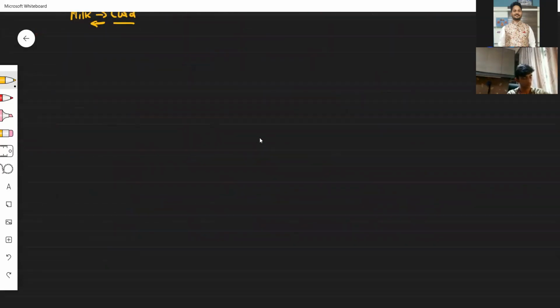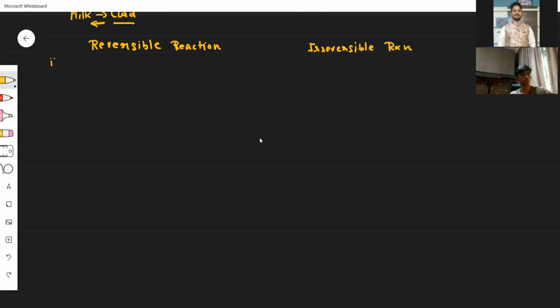Now we'll see a few examples of reversible and irreversible reactions. I will give the difference of these two: reversible reaction and irreversible reaction. The first point about the reversible reaction: what is a reactant?